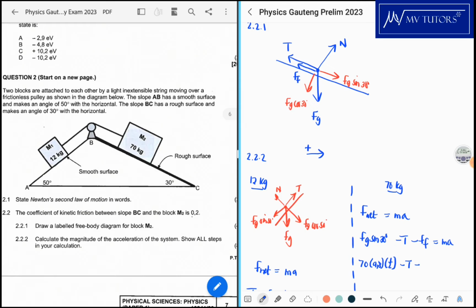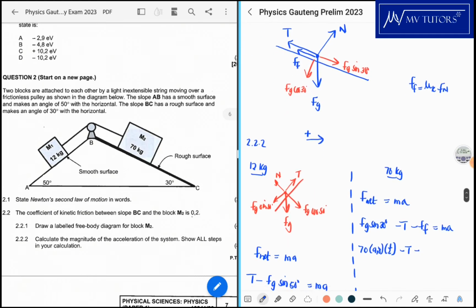The friction force, remember, is equal to mu k times the normal force. So mu k, they told us, is 0,2 times the normal force. The normal force is actually equal to Fg cos 30. Okay, sure.